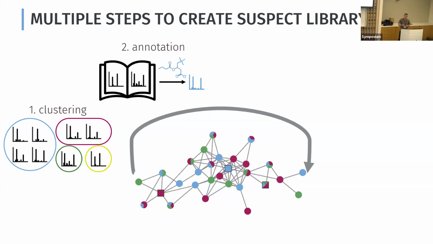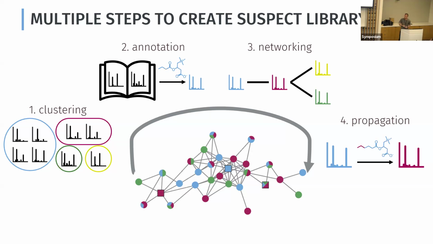Next step is annotation, using spectral library searching to provide these initial annotations that are used to seed the molecular network and from which the suspects are derived. Then we do molecular networking among these spectra. And finally, we propagate identifications between pairs of annotated and unannotated nodes. So this is at a high level the different computational steps that are necessary.